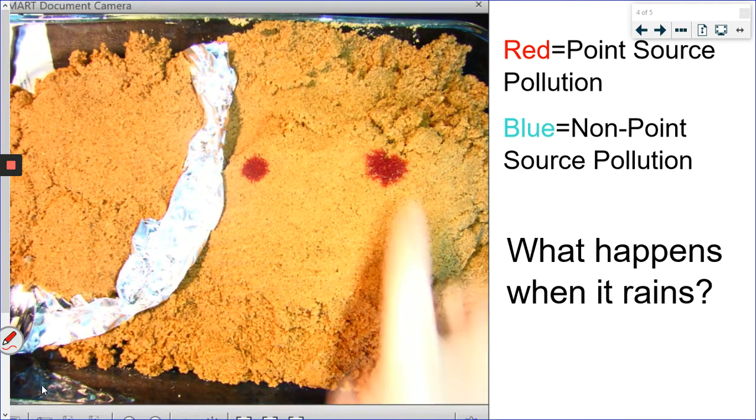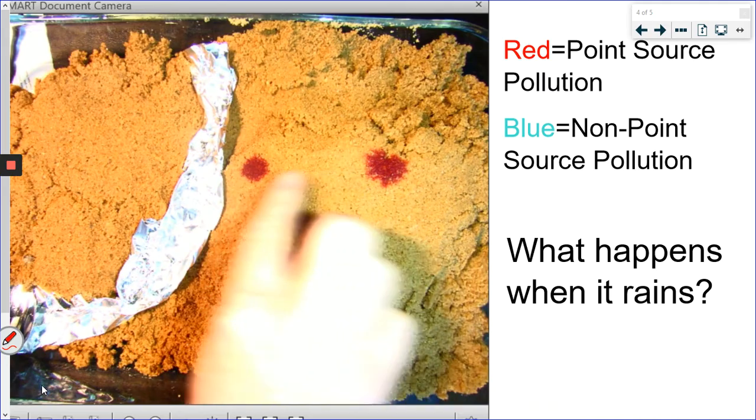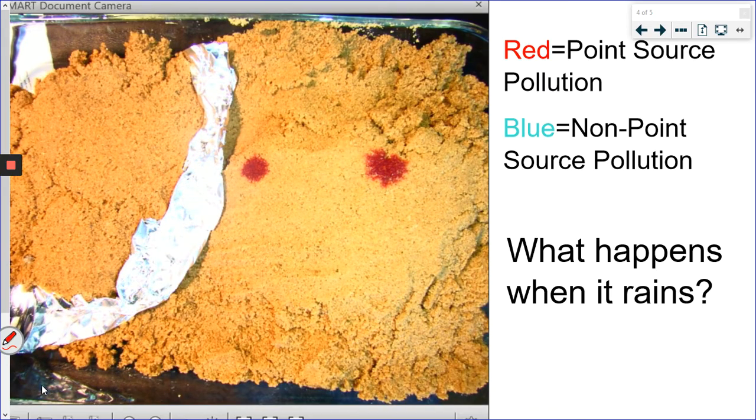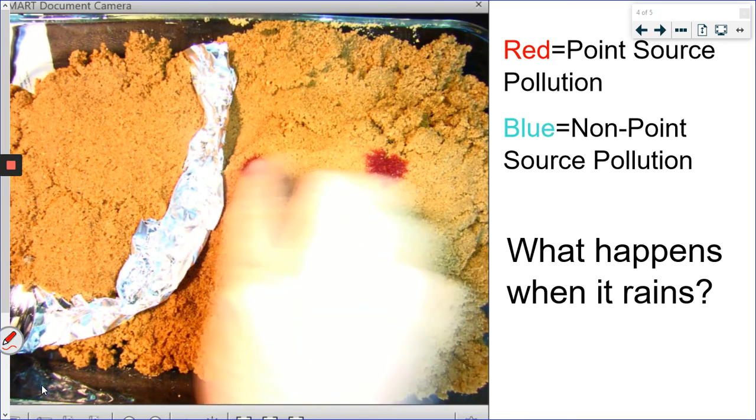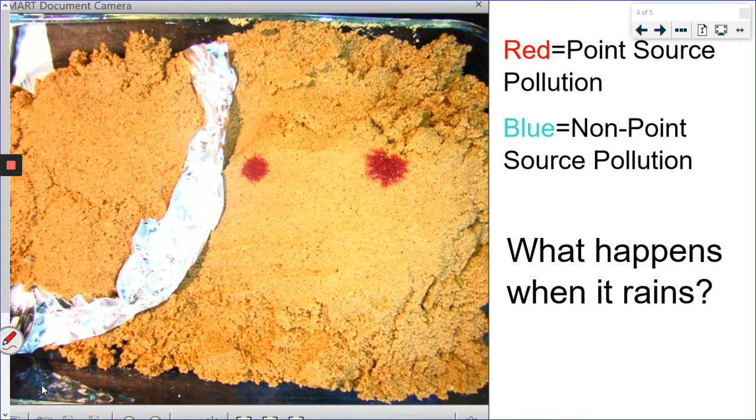Eventually it can erode and it can travel down to the lower elevation. So you can see that these are small, but they're very concentrated. That is in contrast or different than if you have non-point source pollution.